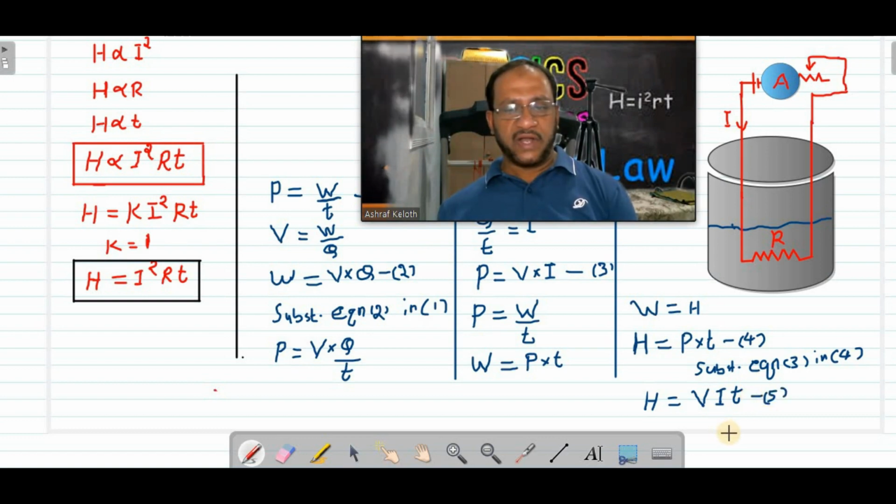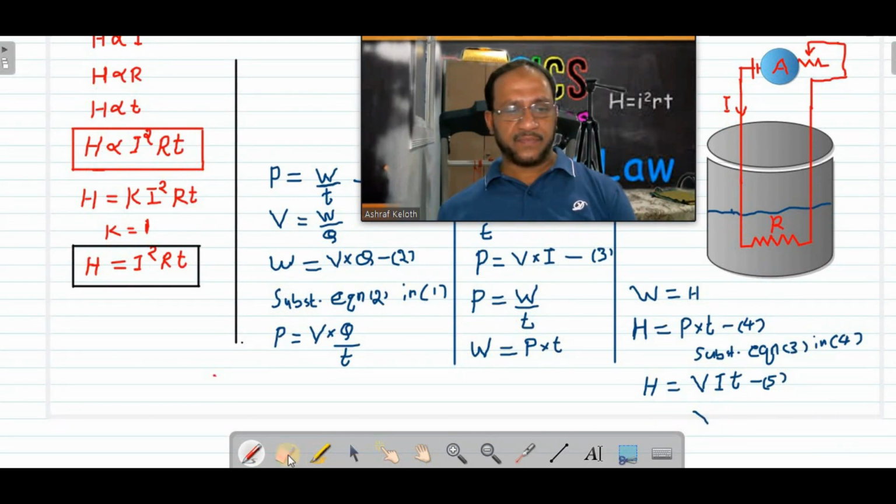Now, according to Ohm's law, what is V equal to? V is equal to I into R, current into resistance. If I substitute this in equation number 5, what will be the equation for H?